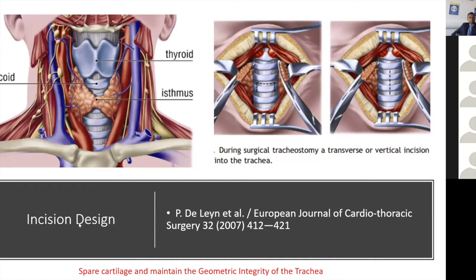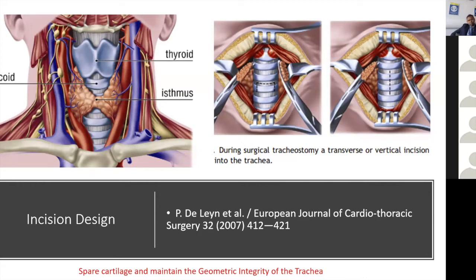Now, incision design, and this is also an important paper for those interested to read, a large paper looking at different aspects of this. It is very important to remember that it depends on how long you want the tracheostomy to be there. For a temporary tracheostomy, it is very important that we always follow the cartilage sparing approach.